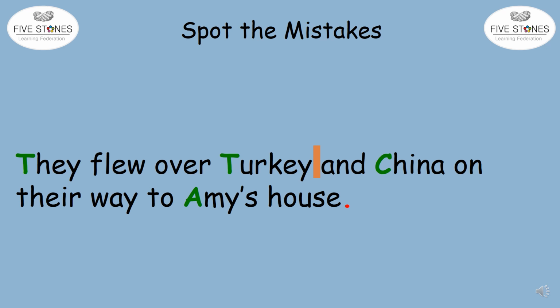Did you use the capital letter for they at the start of the sentence? A capital letter for Turkey, the name of the place? A finger space in between Turkey and the word and? A capital letter for China? Again, that is the name of a place. A capital letter for Amy's, because Amy is the name of a person. And finally, a full stop to show it is the end of your sentence.